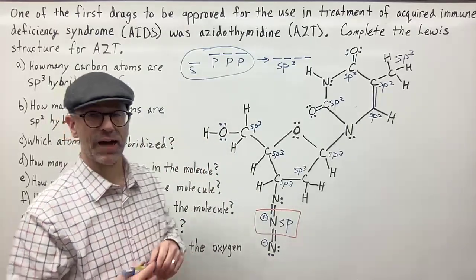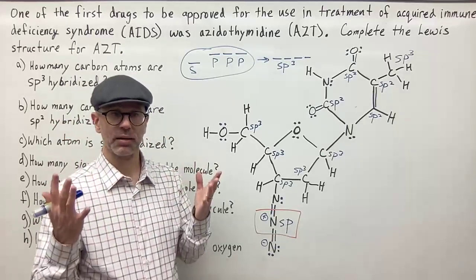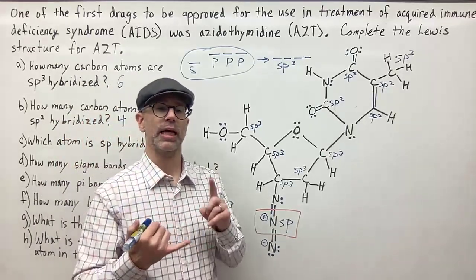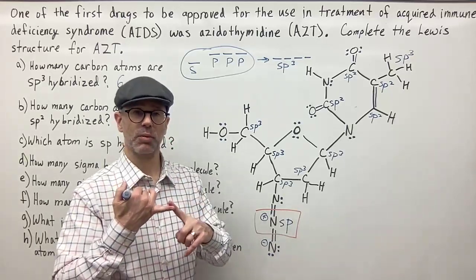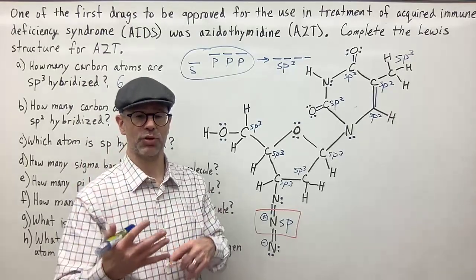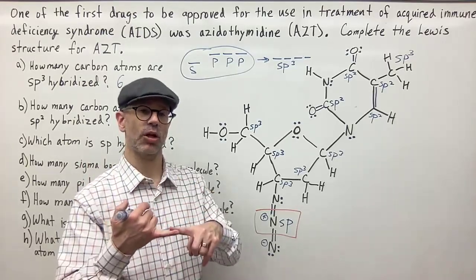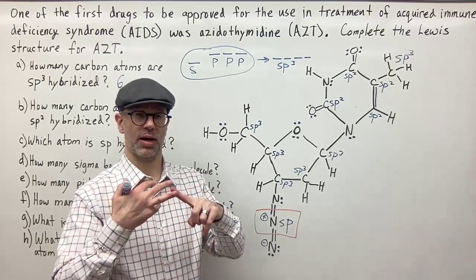So if you have a single bond, there's only one sigma bond, right? Because you only have one bond. If you have a double bond, then you've got one sigma bond. Anything beyond the one bond is going to be a pi bond. So if you have a double bond, it's going to be one sigma and one pi bond.